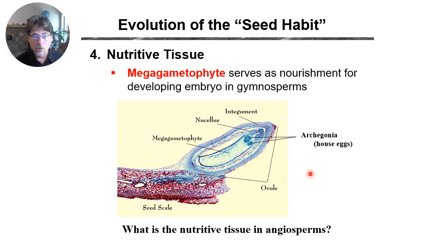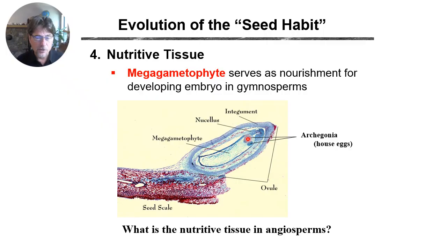And that other source, again, we'll talk about as being nutritive tissue. It is going to provide carbon and energy and nutrients for the developing embryo. And in the case of gymnosperms, the nutritive tissue is actually the megagametophyte itself.